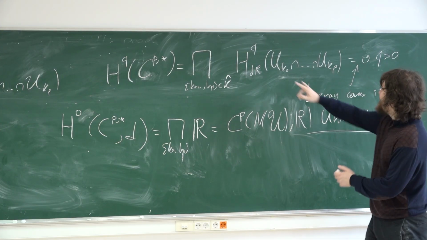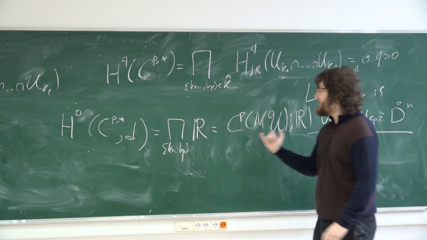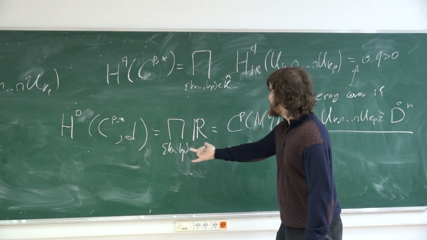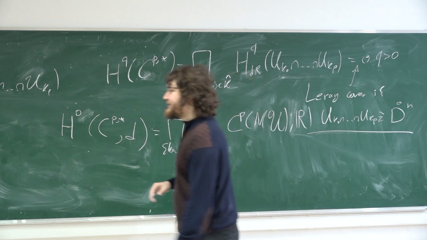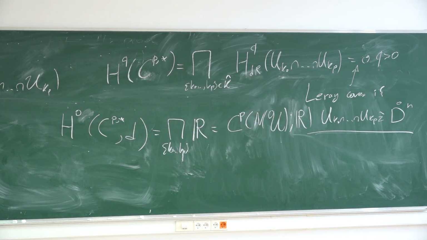So I obtain R, and this is the same as functions on simplices with values in R. It's my cochains: the de Rham cochains on the nerve with values in R, and the delta differential is exactly the differential on this thing.